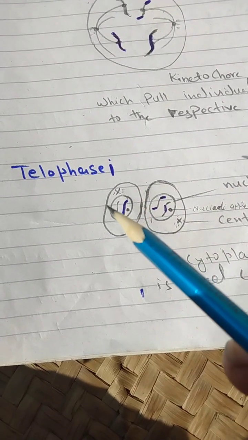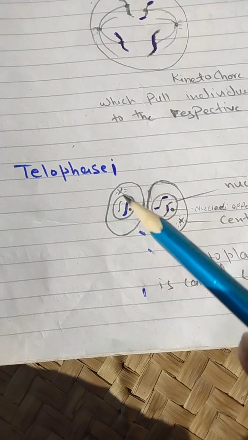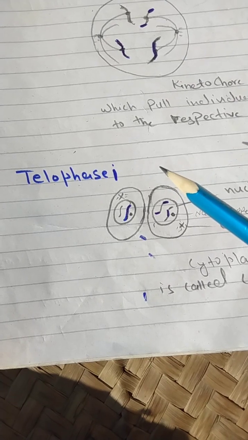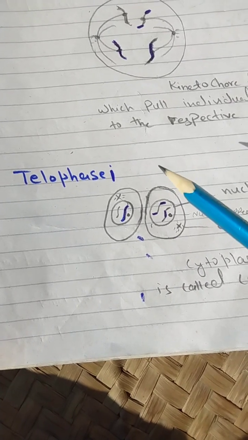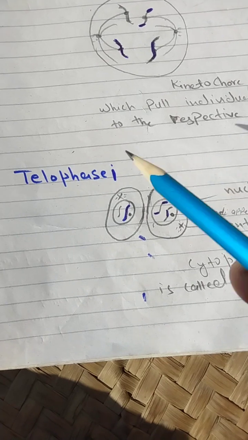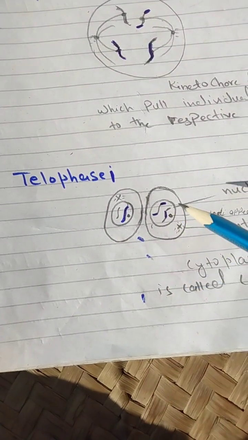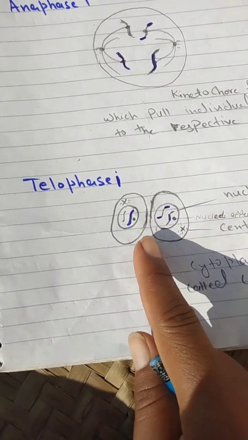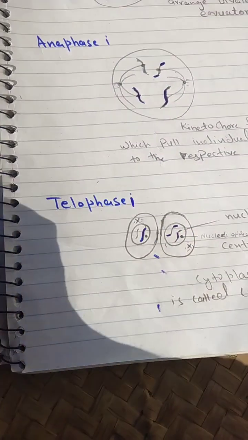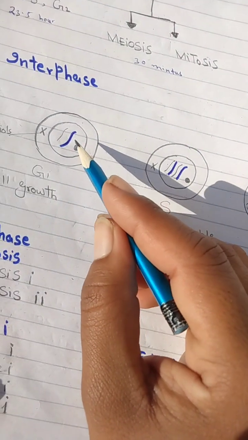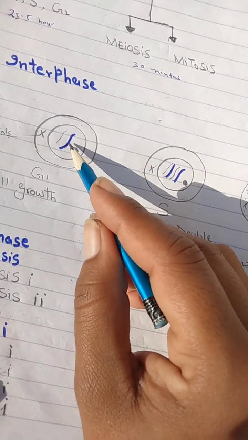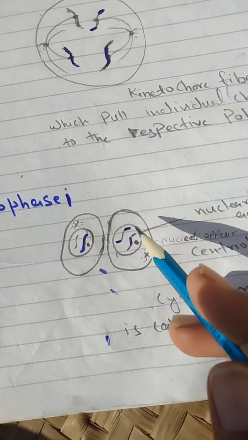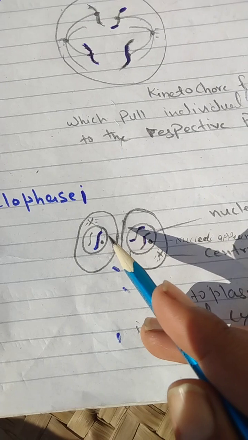In the definition of meiosis, the number of chromosomes in the daughter cell is half as compared to the parent cell. So this chromosome number is diploid, not haploid.